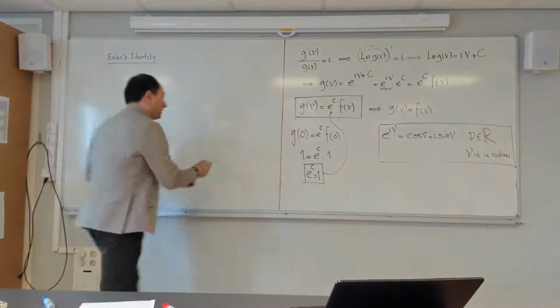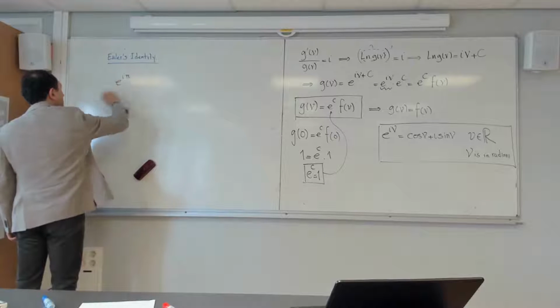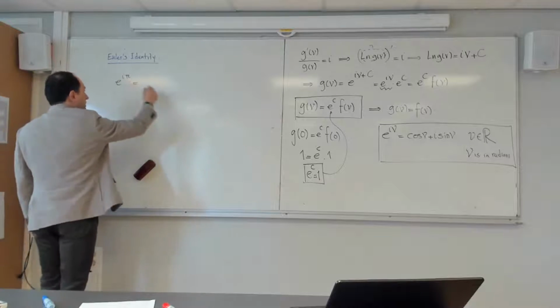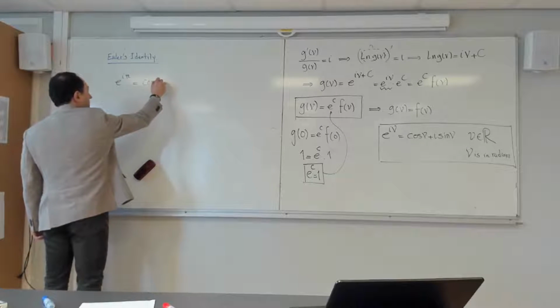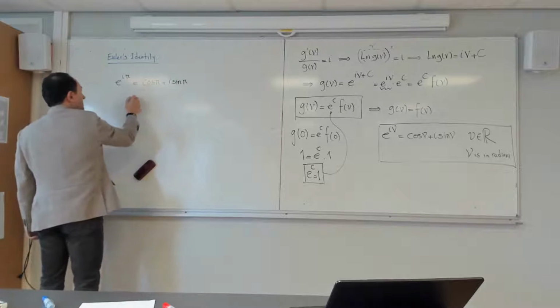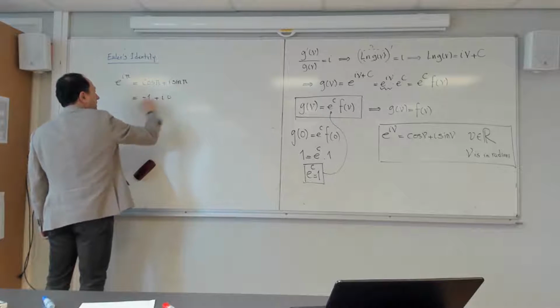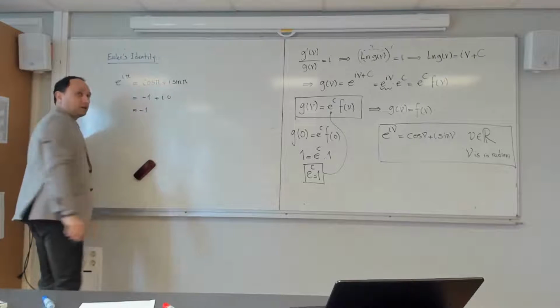This becomes e to the power I pi is equal to cosine of pi plus I sine of pi. If I ask you what cosine of pi is, it's -1. And if I ask you what sine of pi is, it's 0. So this becomes -1.